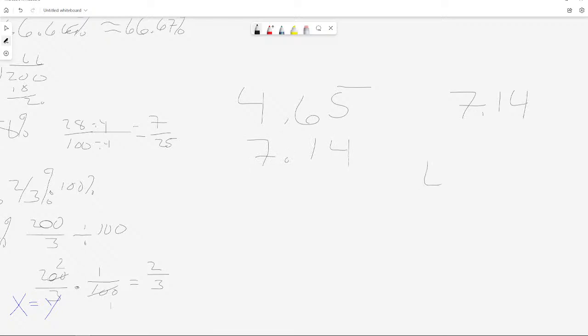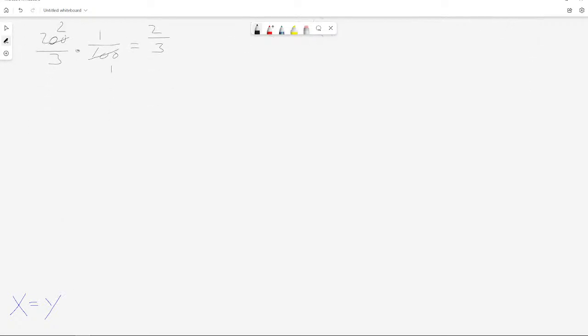If you write it all sloppy, you're going to get all confused. So just line up the decimal points. This can be plus or minus. So just make sure the decimals are lined up.